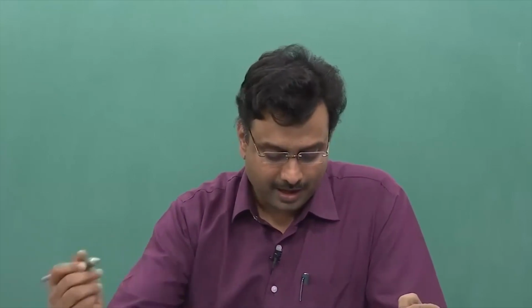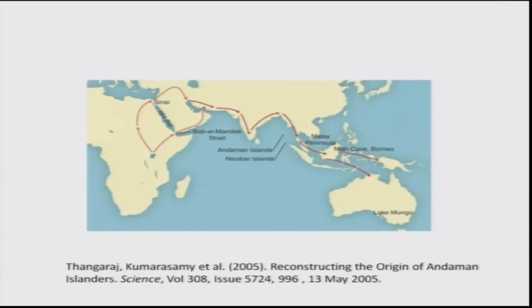One of the studies that came from India, by a group at Hyderabad, used the mitochondria and Y chromosome sequences to support and come up with a hypothesis which suggests that our forefathers evolved around 200,000 years ago somewhere here, northern Africa, and they probably migrated close to the seashore.